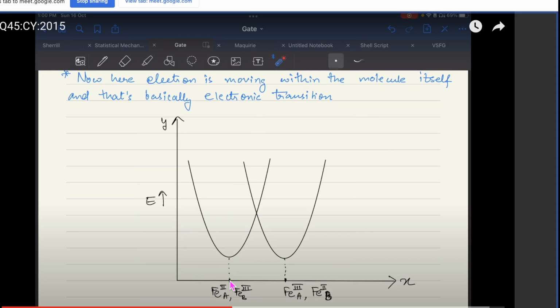I said asymmetrical stretch because the bond length will be different when it gets converted to the product. So the bond length was expanding or elongating or contracting when it was getting converted to the different ionic state of the iron itself.